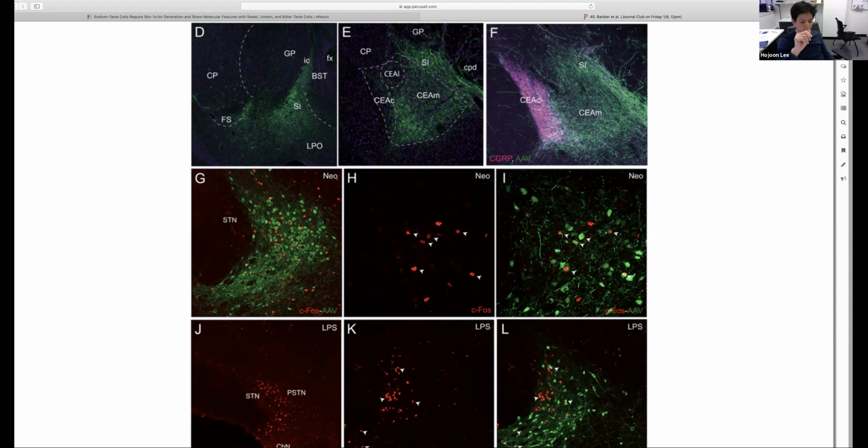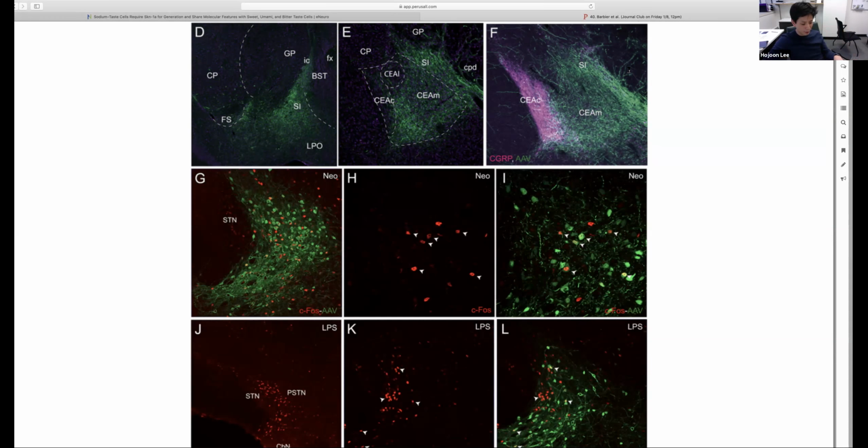In the D, that overlap would be coming from the insula cortex, right? Okay, that makes more sense then. And so these are all slightly different. In figure 2, A to D, you're seeing how the gustatory cortex projects to the central amygdala.